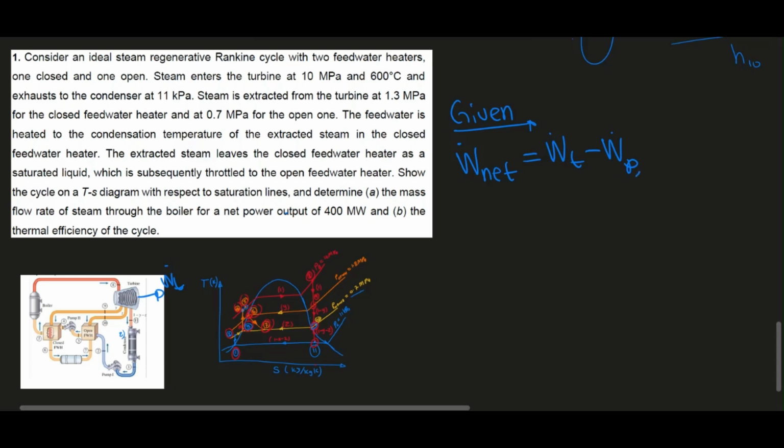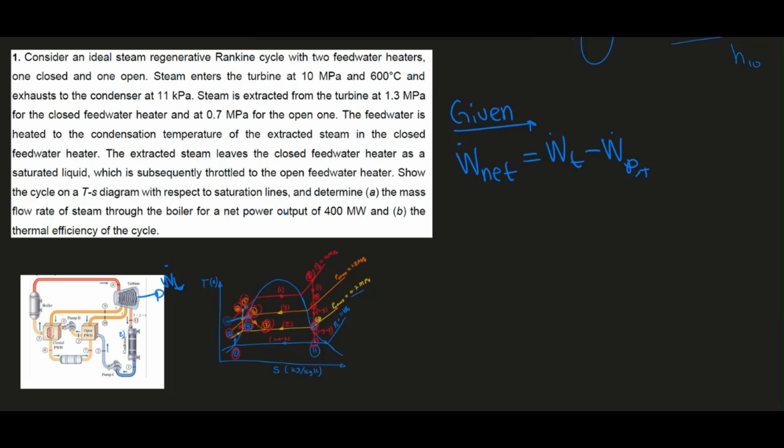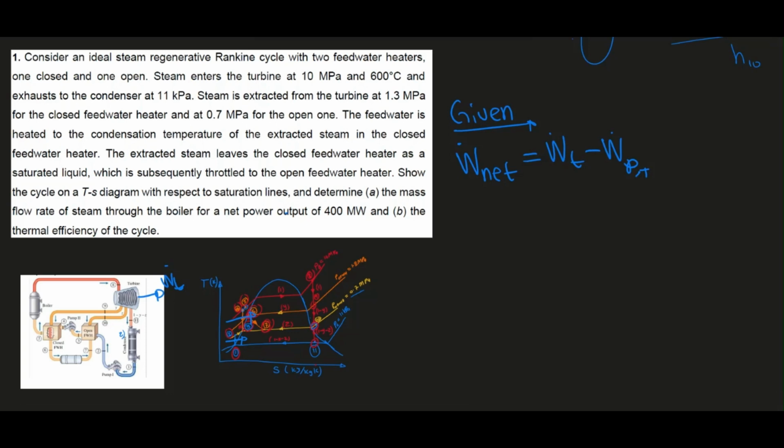When I say minus work pump, I mean total work of the pumps, because we have two pumps in here. You'll have work and work. All this work is consumed by the two pumps.